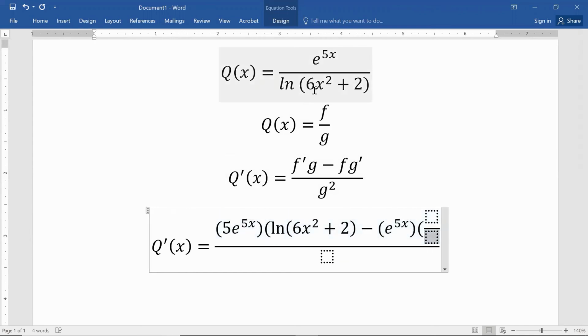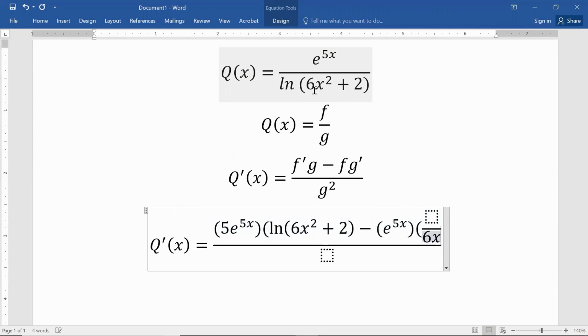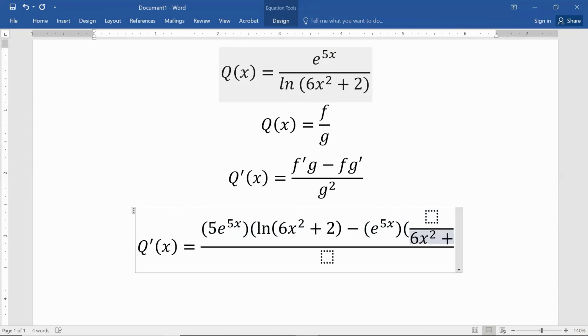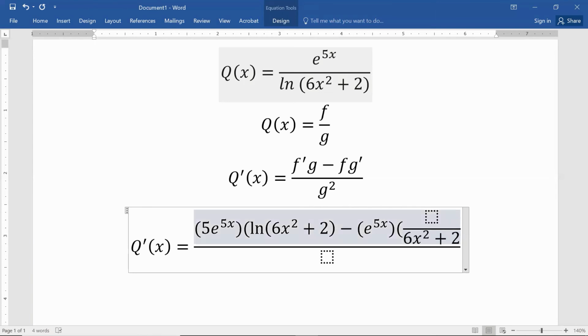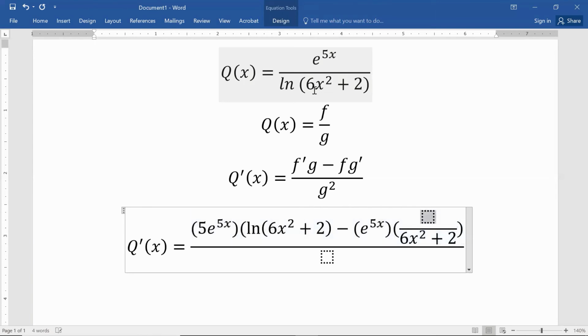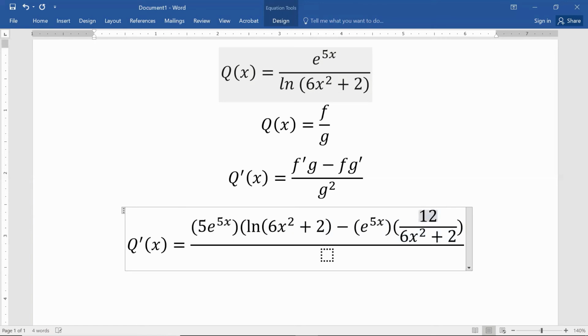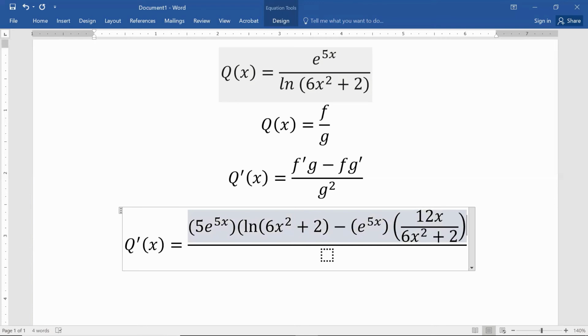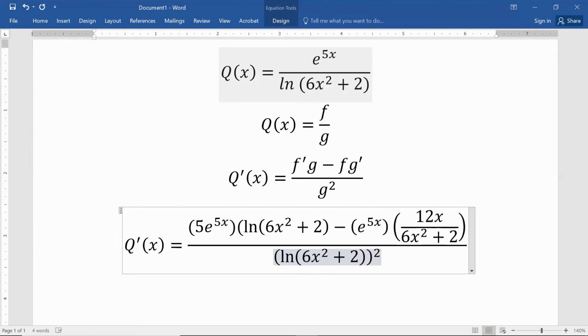The derivative of the denominator is 1 over 6x squared plus 2 multiplied times the derivative of that function, which is 12x. So it's 12x over 6x squared plus 2. And that all is going to have to be divided by the natural log of 6x squared plus 2, the entire thing quantity squared.